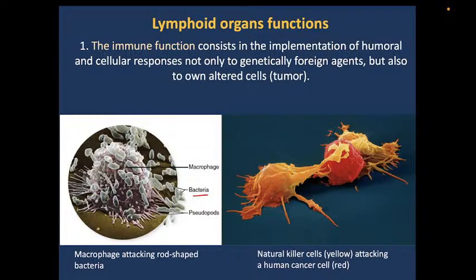They are yellow and we call them natural killer cells. These are lymphocytes, and they are attacking the small red cells, which are cancer cells, which have potential danger for our health.